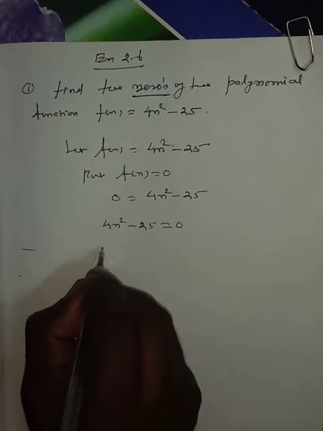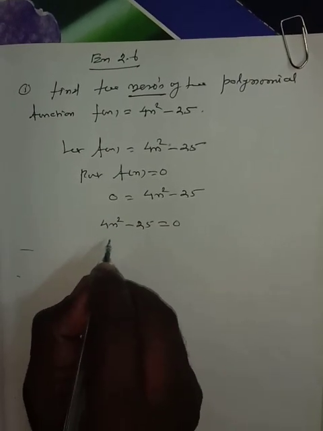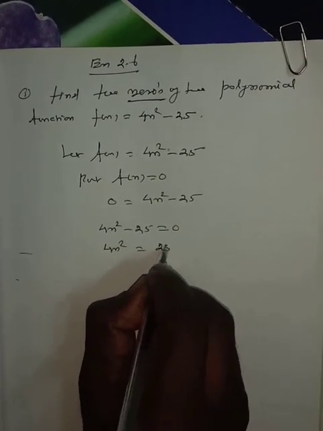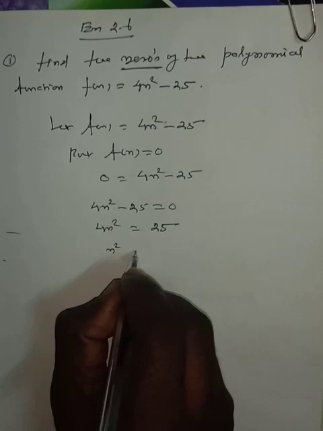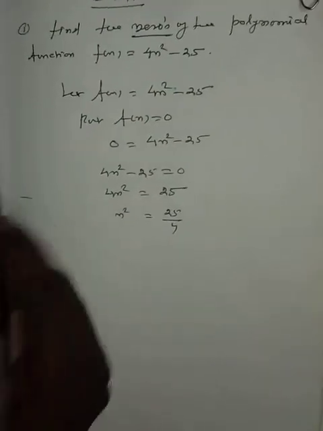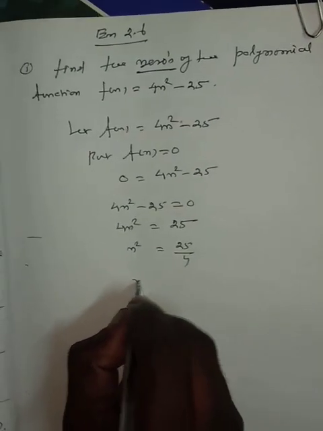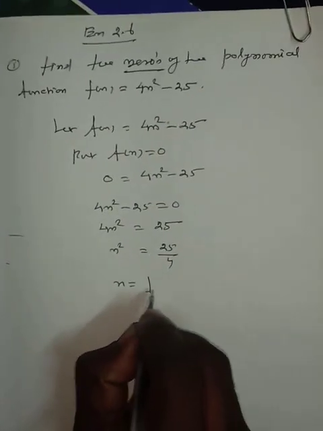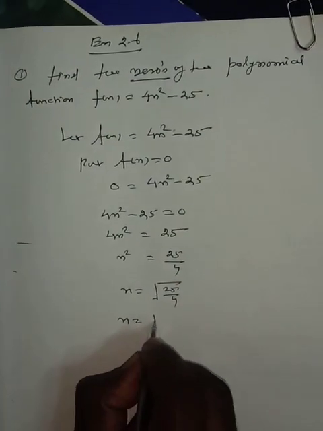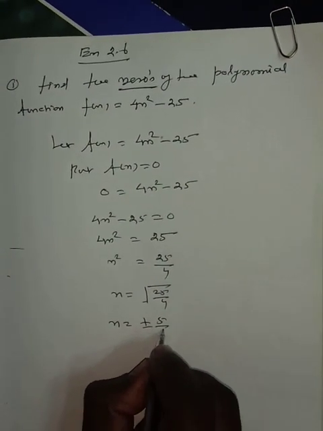This means 4x square is equal to 25. X square is equal to 25 divided by 4. Square root on both sides, we have x is equal to square root of 25 by 4. Means x is equal to plus or minus 5 divided by 2.